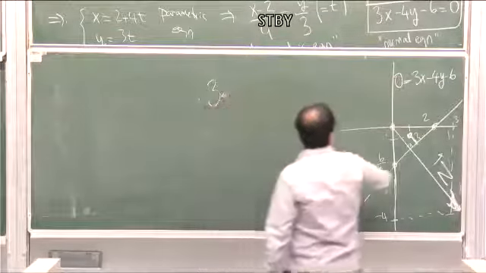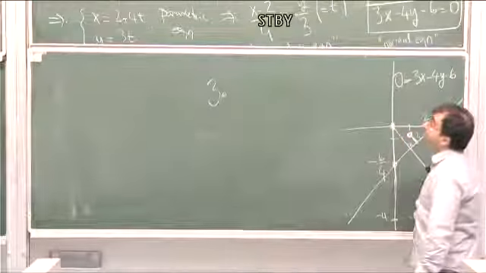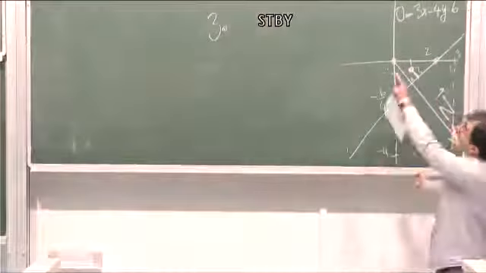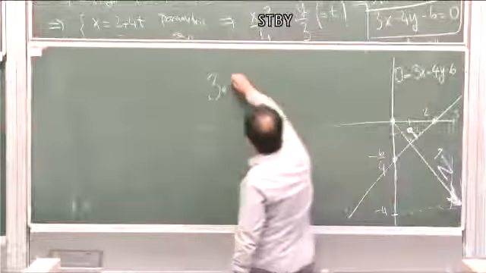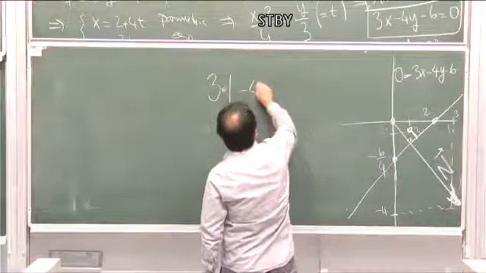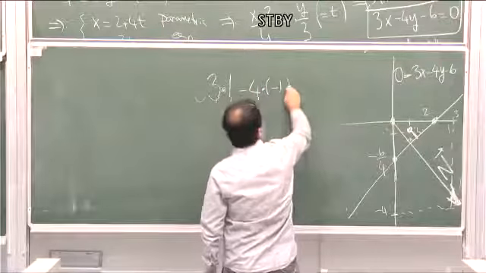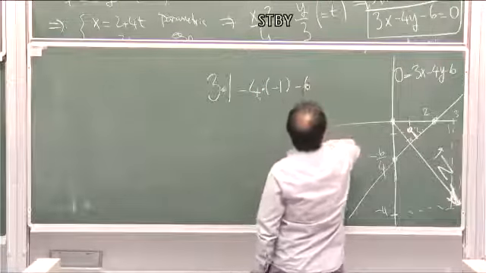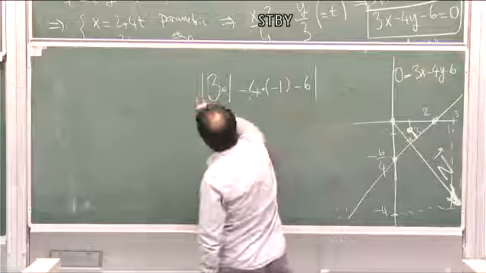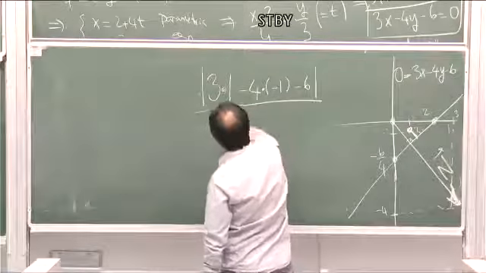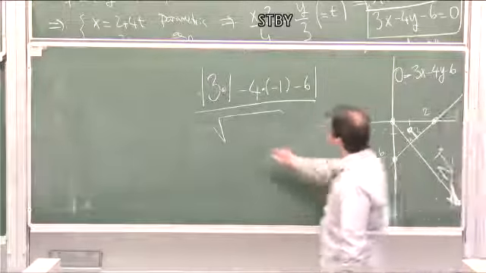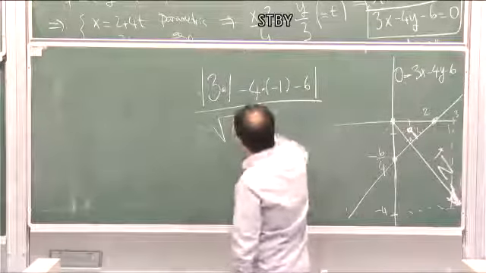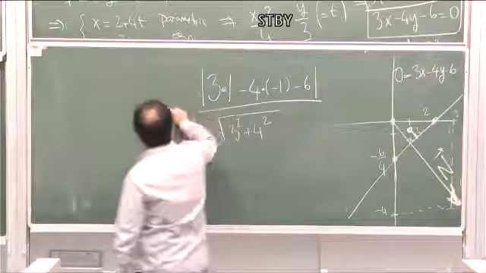I put x equals 1 and y equals minus 1 into my equation, minus 6, in absolute value, divided by the length of my normal vector, which is the square root of 3 squared plus 4 squared.